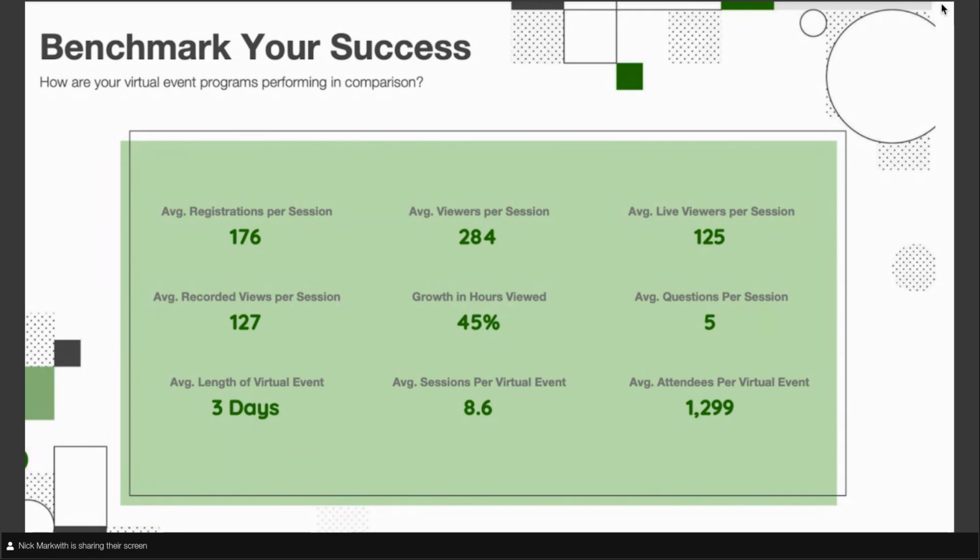Having produced probably 200 or 300 virtual events, between your speaker lineup, promoting the content, the agenda, and the internal organization, it's a lot. And so you want to make sure that it's worth it and that you're going to get the volume of leads that you want, and that you have the data to benchmark yourself against.